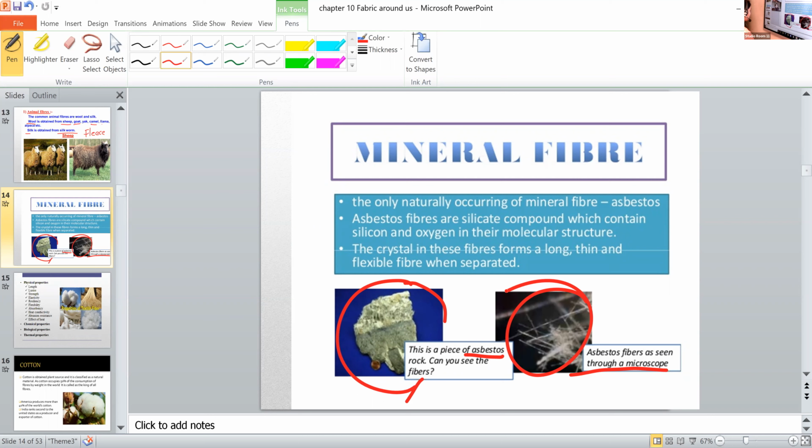Asbestos is mainly made up of silicate compounds that contain silicon and oxygen. Is it clear?